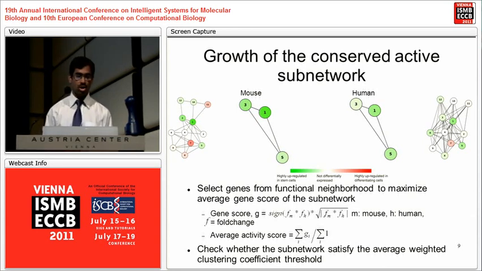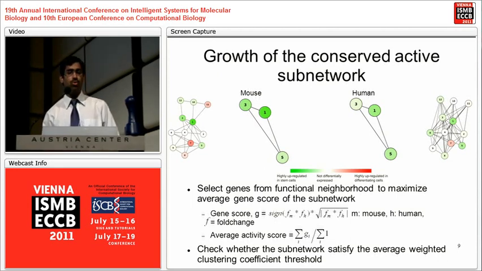For this cross-species setting, we calculate a gene score for each gene. If the two genes show similar behavior, they will have a large score. If they show opposite behavior, they will have a small score, and we would not like to add them to the subnetwork. We average the gene score for all the genes, and that is what I am calling the average activity score.